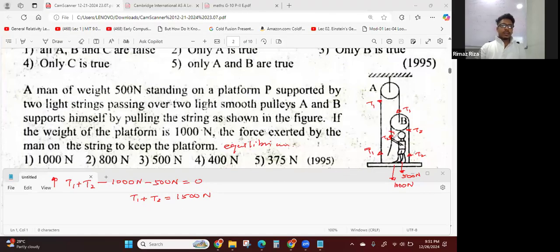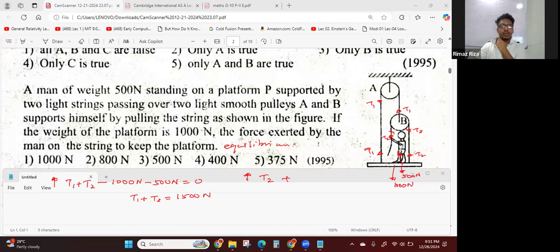And then we can consider the force equilibrium of the man. So then we can consider the vertical upward force T2 acting, and then the normal reaction force.